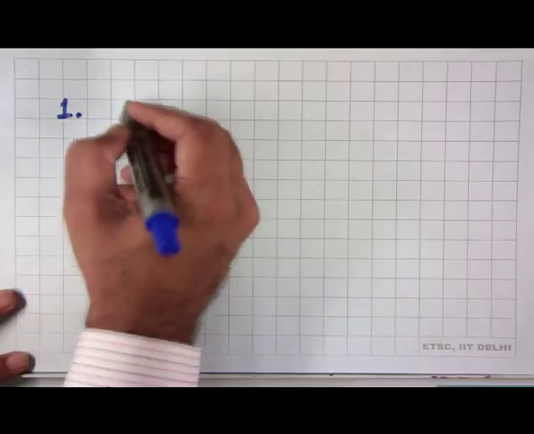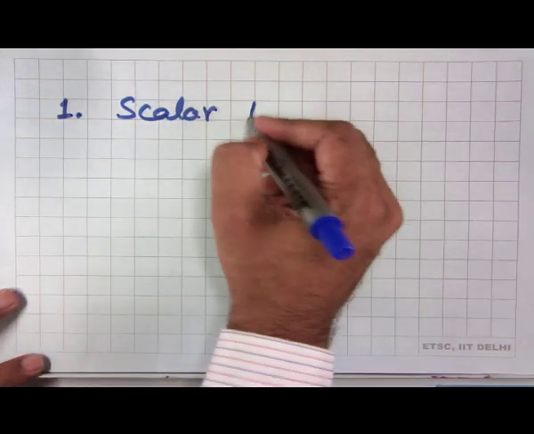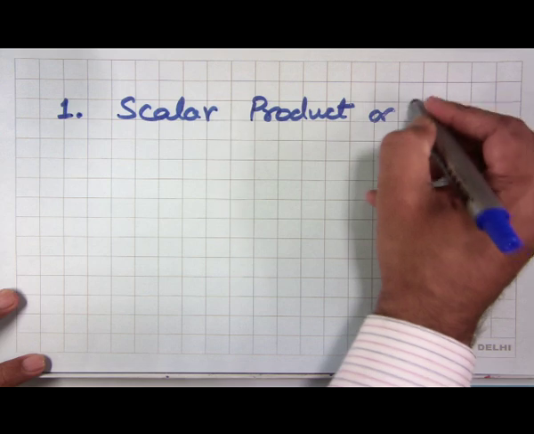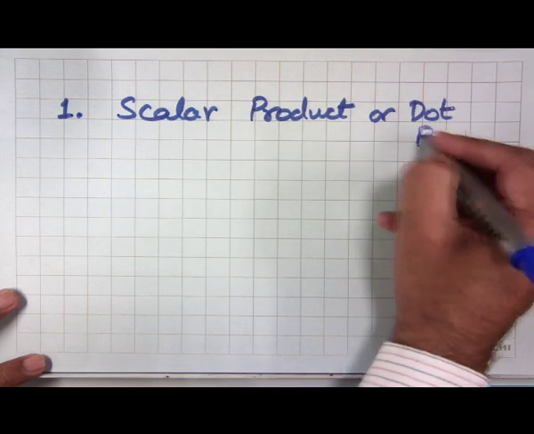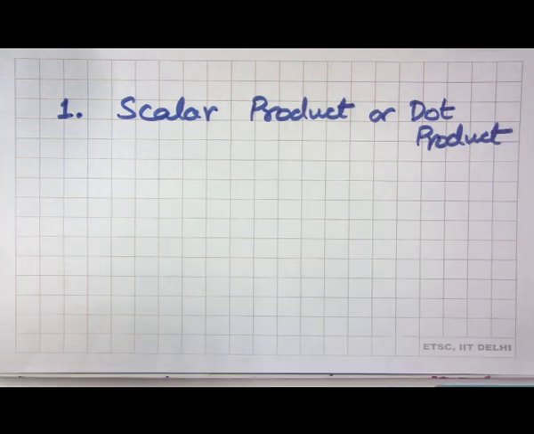The first type of vector product which we define, that is the product of two vectors, we call that the scalar product, or because we use a symbol dot for this, this is also called the dot product. Now, how do we define this?